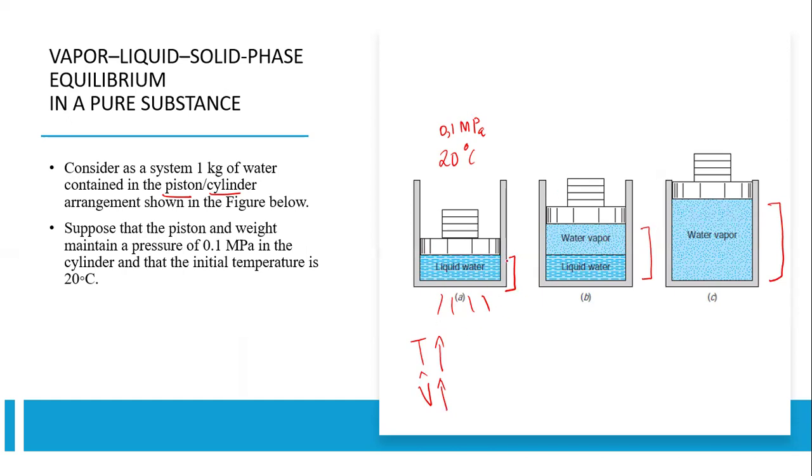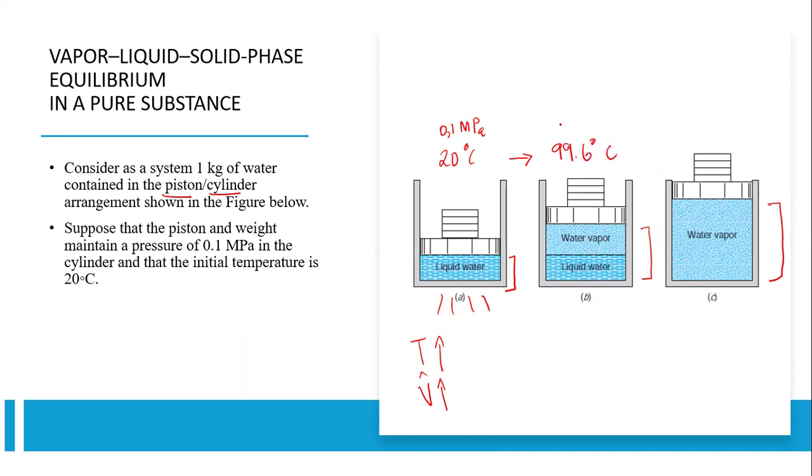So let's say when we heat the system, the temperature will increase from this state to that state, whereby we reach the boiling point. And then when we reach the boiling point, now we're going to have the equilibrium at some point of water vapor and liquid, right? So that means in this case, we're going to have the temperature of 99.6 degrees Celsius.